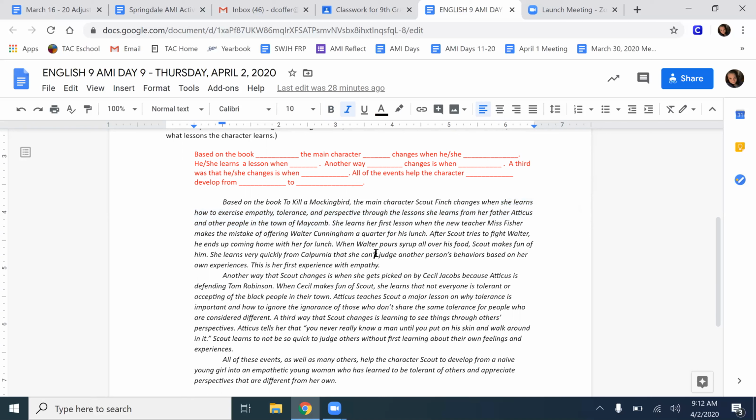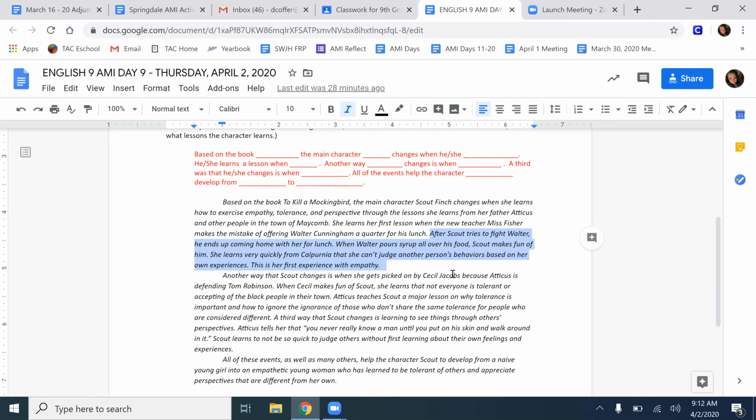Okay. She learns her first lesson when the new teacher, Miss Fisher, makes the mistake of offering Walter Cunningham a quarter for his lunch. So there is my example. And then my textual evidence to support that is after Scout tries to fight Walter, he ends up coming home with her for lunch. When Walter pours syrup all over his food, Scout makes fun of him.